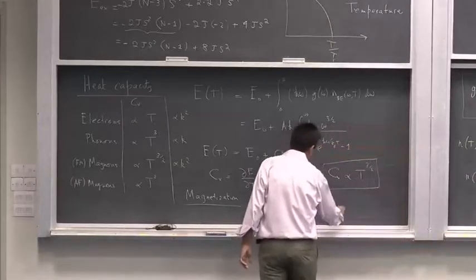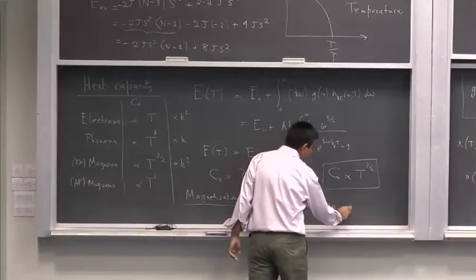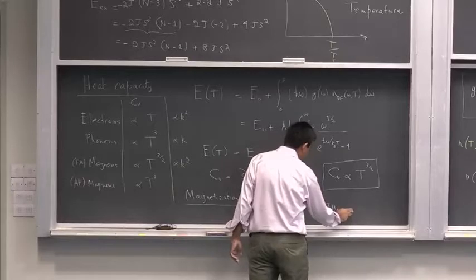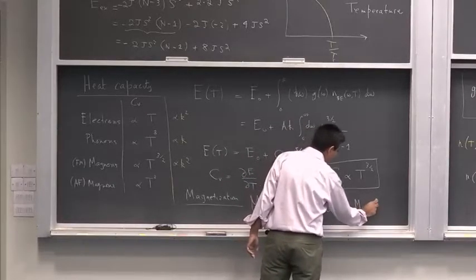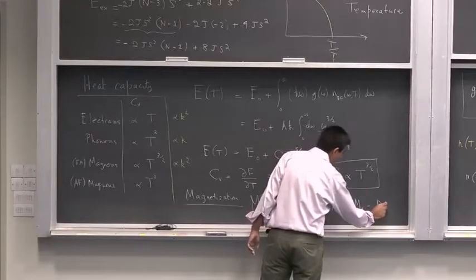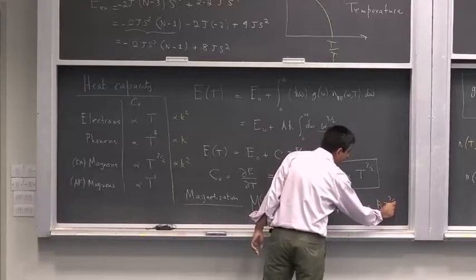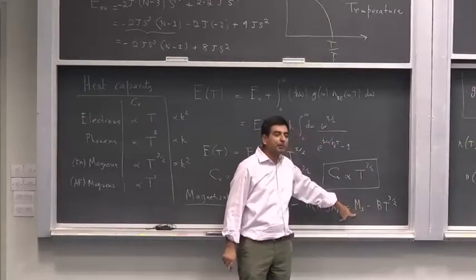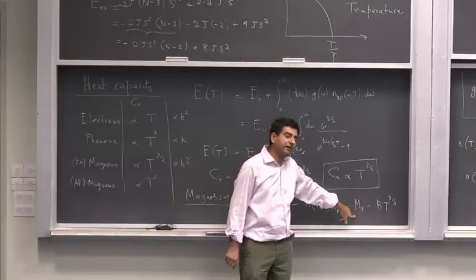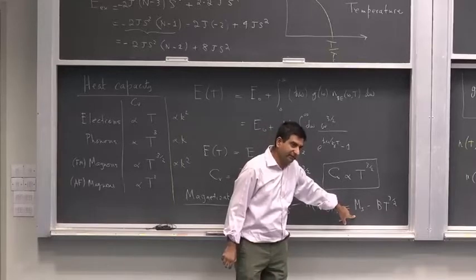So now you have a dependence of the magnetization which is of this kind, M_s minus some constant times T raised to 3/2. So in the low temperature limit, the magnetization drops from the value that is predicted by the mean field theory.